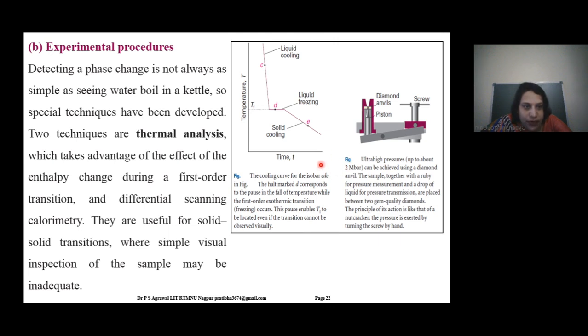The sample is placed in a minute cavity between the two diamonds and the pressure is exerted by turning the screw. The advance is quite remarkable, for with a turn of the screw pressure of up to 1 Mbar can be reached. So the pressure is monitored spectroscopically and here we can successfully find out the phase changes. This is the more sophisticated technique. This technique we can use in our lab also.